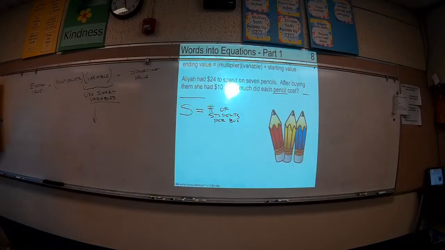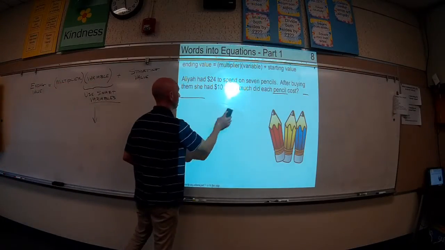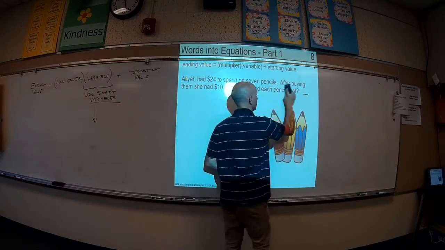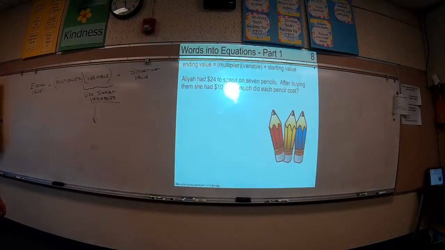Read it to yourself. And start thinking about the variable, the unknown. Presley, you get to choose the variable. M. What is M going to represent? The money. What do you mean by the money?